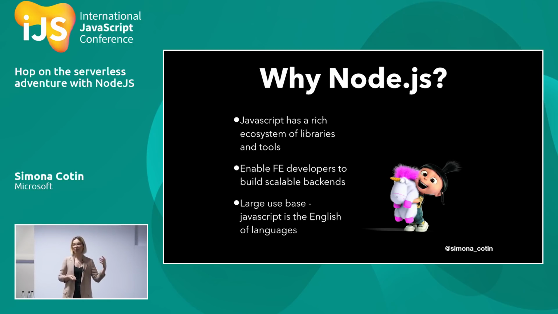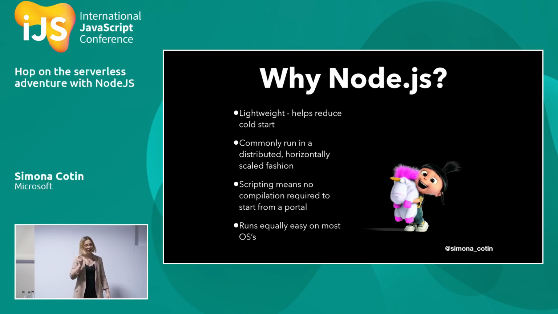JavaScript remains one of the most liked languages across developers. But not only that, Node.js has small packages, which means that it reduces the cold start. So the smaller your dependencies are, whenever we're deploying the code and installing dependencies, the less time they're going to take to install.